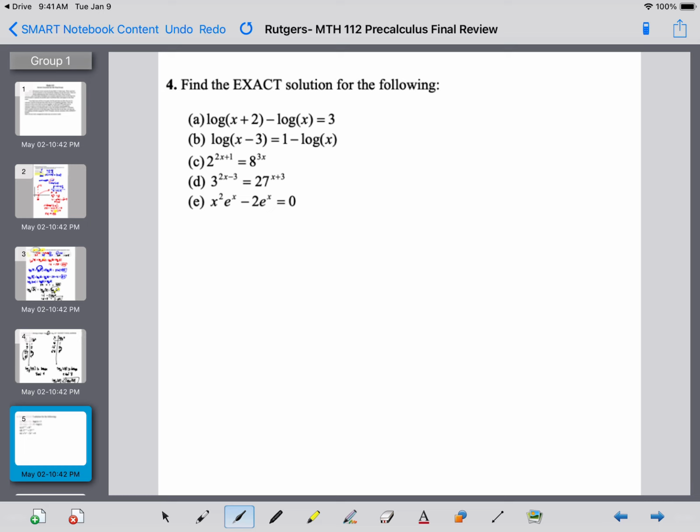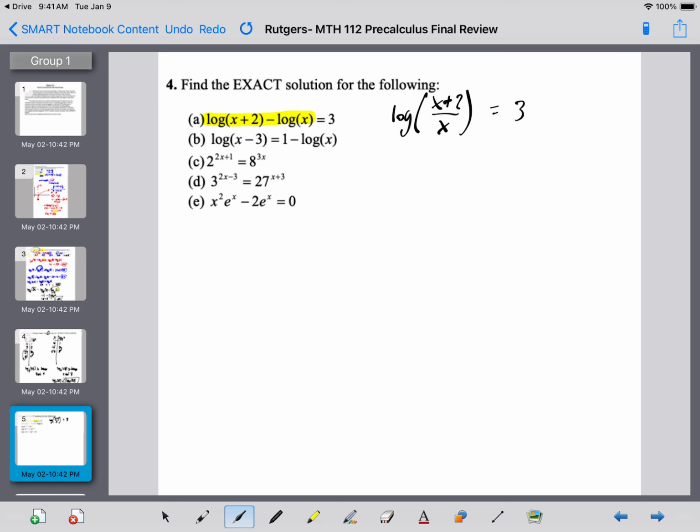Now, it says, find the exact solution for the following. We have logs of the same base separated by subtraction. So like we did before, you can use your quotient law, just in the reverse order. So that would be your quotient law. The first term has to be divided by the next term.